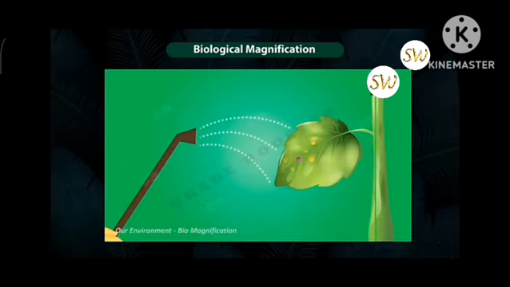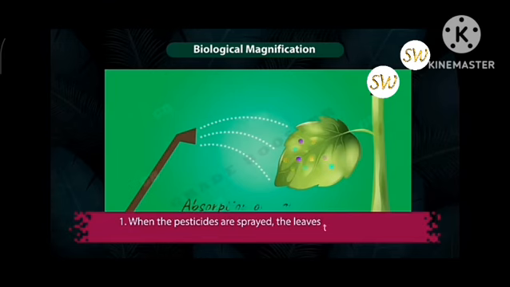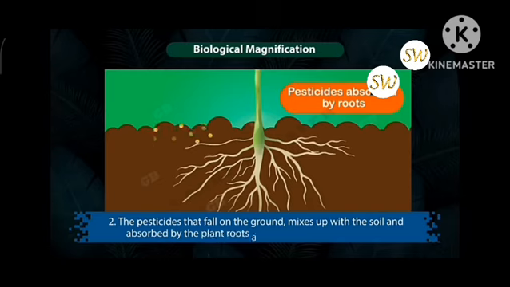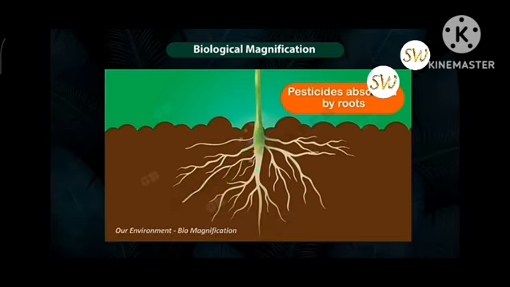The pesticides enter the plant bodies in two ways. 1. When the pesticides are sprayed, the leaves absorb the pesticides into the bodies of the plant. 2. The pesticides that fall on the ground mix with the soil and are absorbed by the plant roots along with water and minerals.